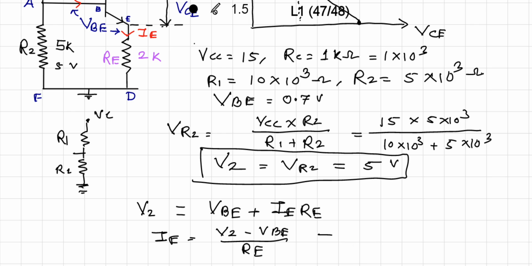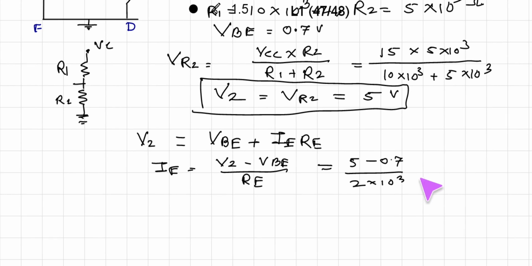Just putting the values, we get (5 minus 0.7) divided by 2 kilo ohm, that is 2 into 10 raised to 3, and that is equal to 2.15 milliampere. So this way we got the value of current IE is equal to 2.15 milliampere.